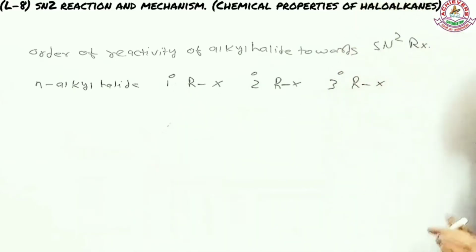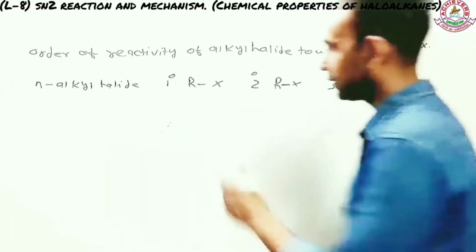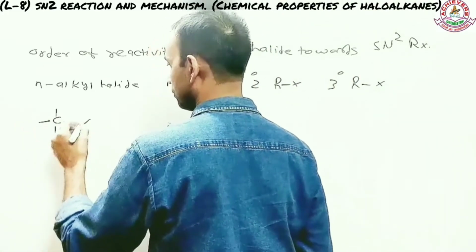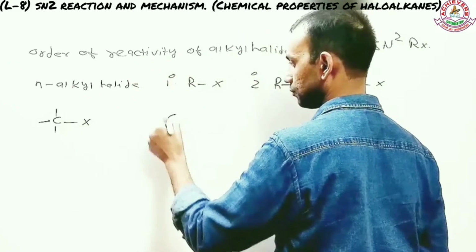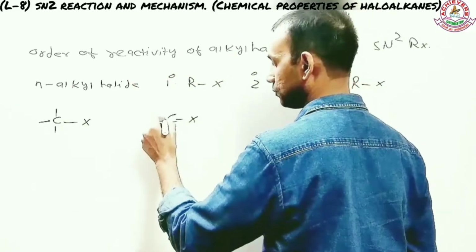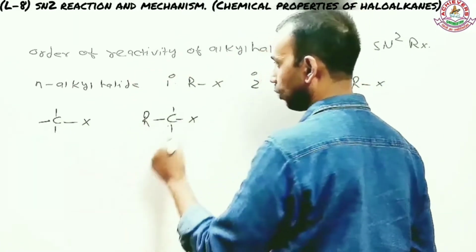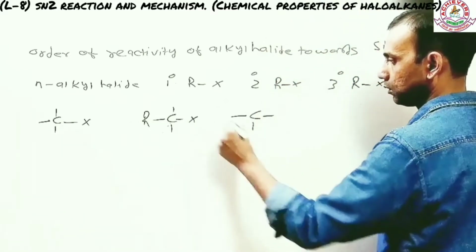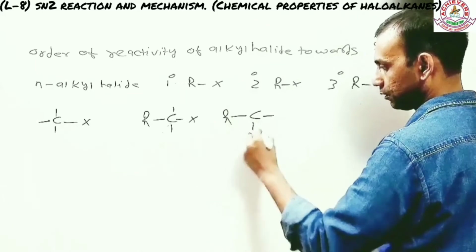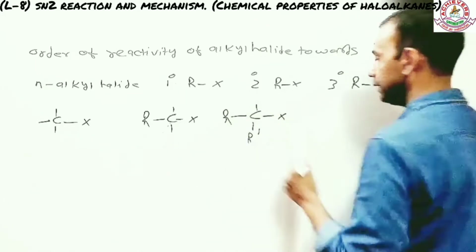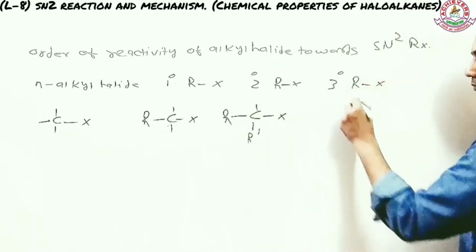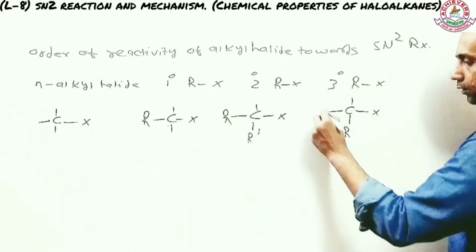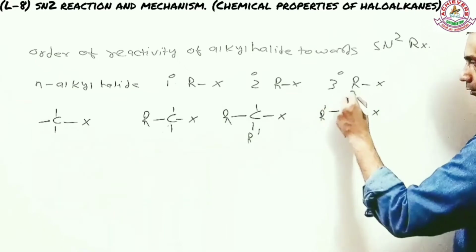Okay, now the question is, what is the order of the reactivity? Let's take an example here. This is methyl alkyl halide. This is 1 degree, and there is 2 degree alkyl halide, and finally there is 3 degree alkyl halide.